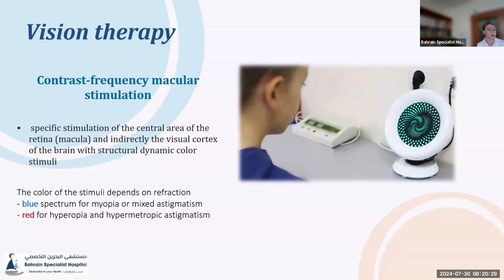It stimulates the macula, and indirectly also the visual cortex of the brain, with structural dynamic color stimuli. The color of the stimuli depends on the refraction. If the patient is myopic, or has mixed or myopic astigmatism, it's a blue spectrum. And for hyperopia and hypermetropic astigmatism, it's a red spectrum.